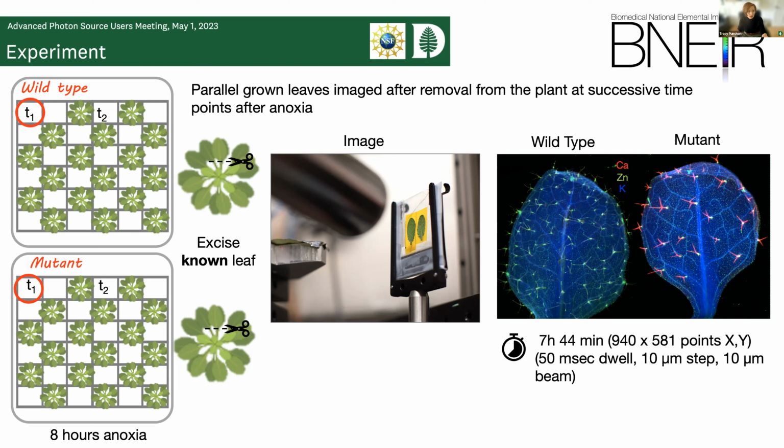Another artifact with these experiments, another problem that we're having, is just the time period required for taking that plant, cutting off the leaf, sticking it on Kapton, shutting the hutch, setting up the coordinates of the map. It's already too long. There are already cascades of biological effects happening that we are going to start imaging that we don't mean to image.